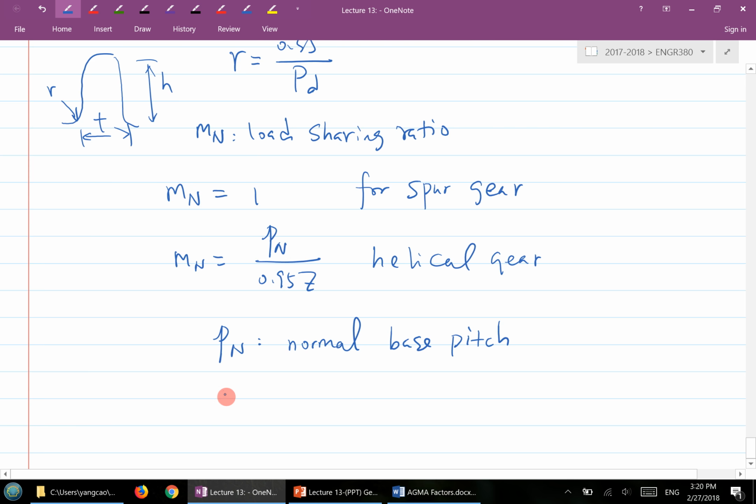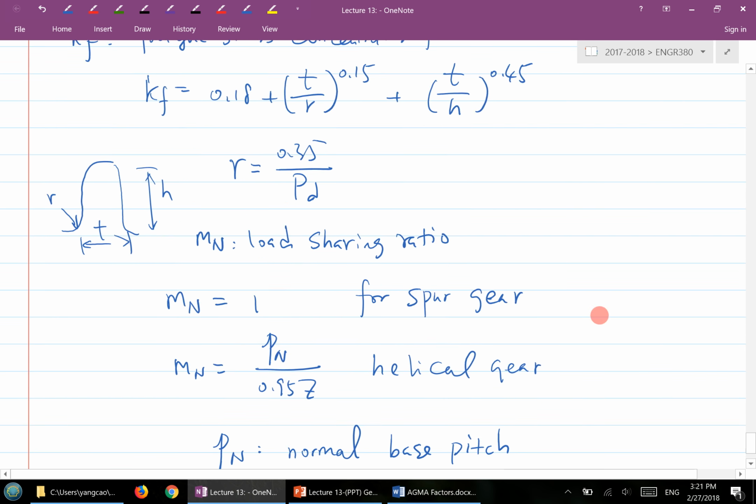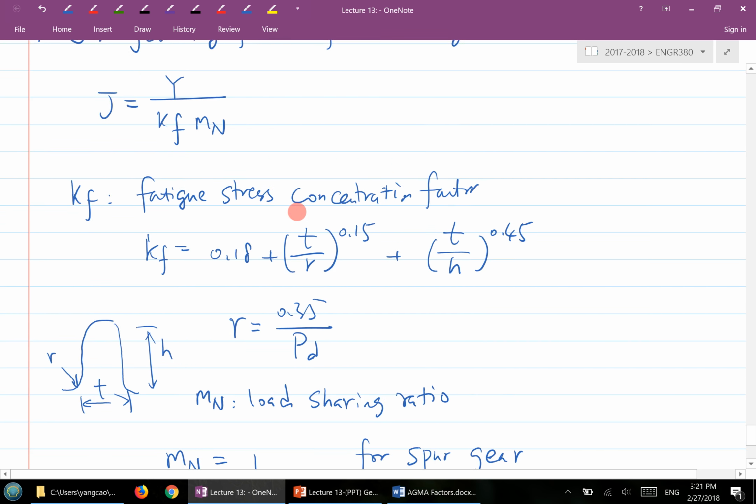And this Z value here is the length of contact, but this one here is in the transverse plane. So that's the symbols in terms of how J is calculated.